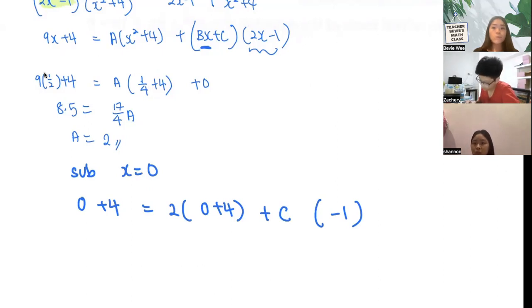Joy, C is 4. Yes, correct. C is 4. Then you still have one more unknown. When you're left with one unknown, you sub in anything.